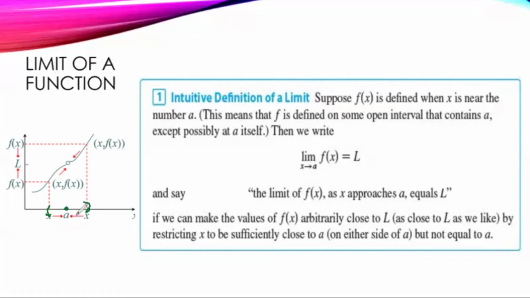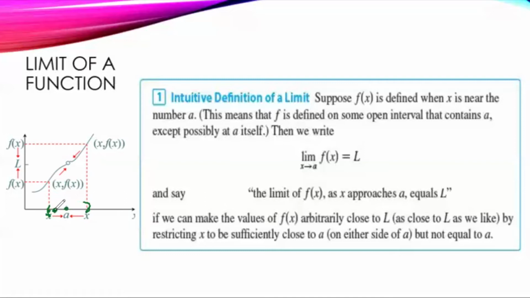For example, we let this point, or we let all the points closer to A, approach A, but not exactly A. So we let this point approach the point A.